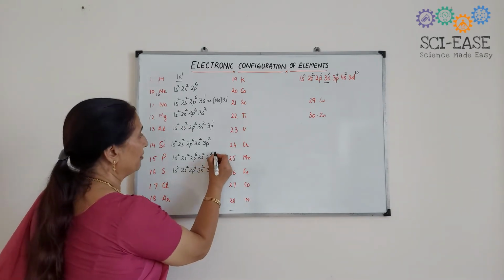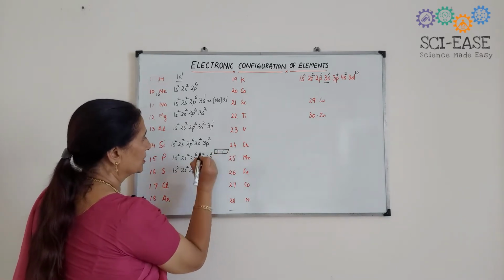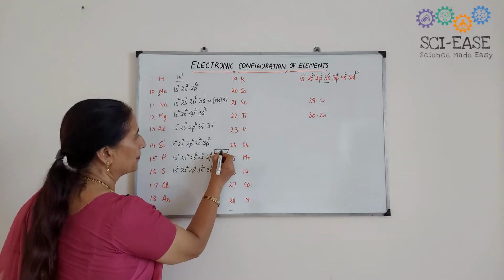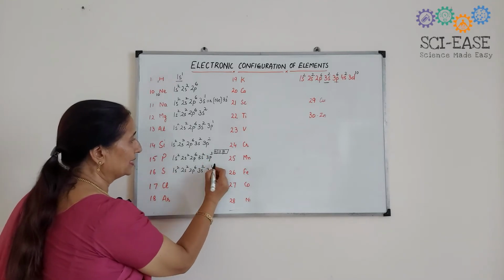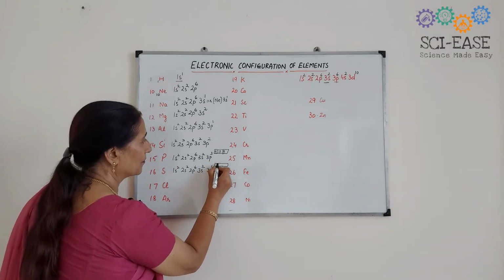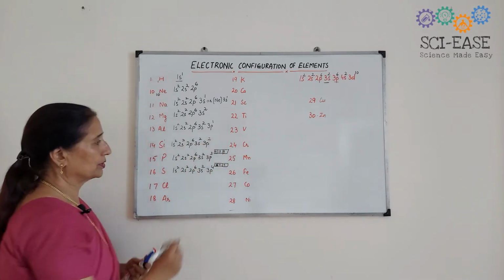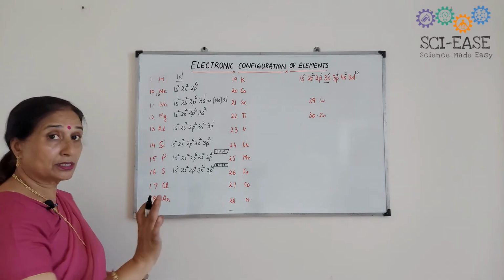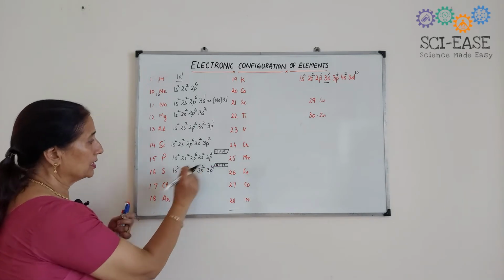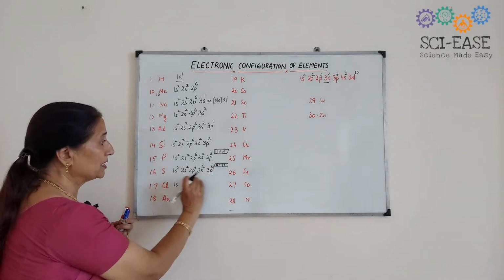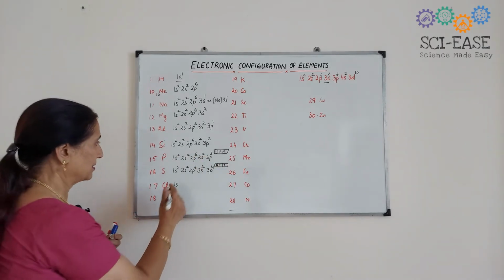If I am drawing this 3p orbital here, first they will singly occupy the orbitals, and then the pairing will take place. 1, 2, 3, and this is the 4th. This you must know. Sometimes you have to draw the orbitals also, so you will show how the electrons are filled in the orbitals.